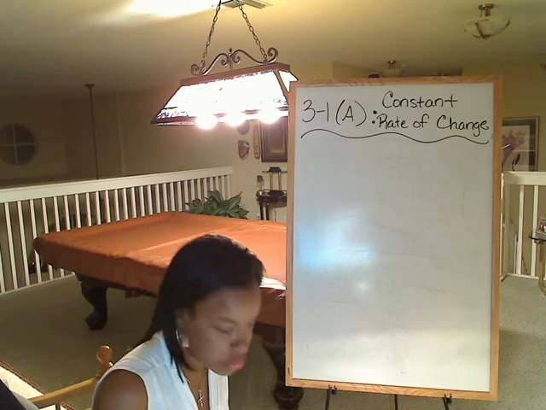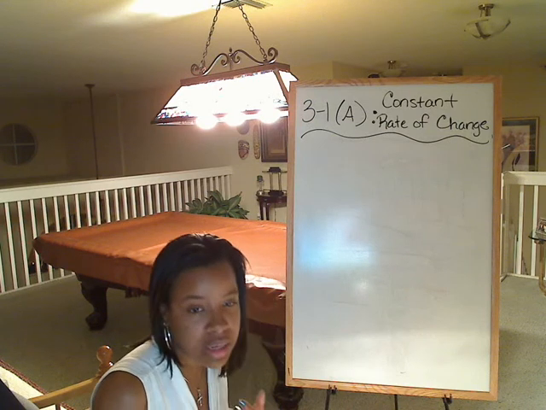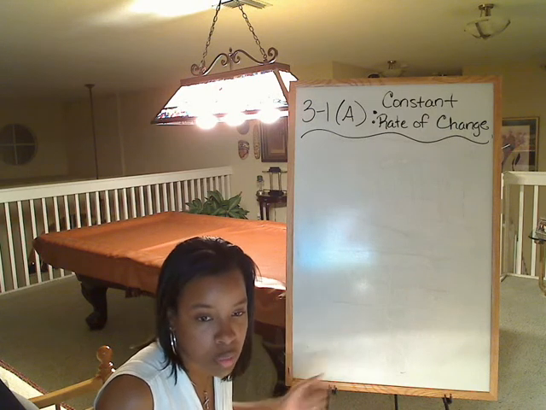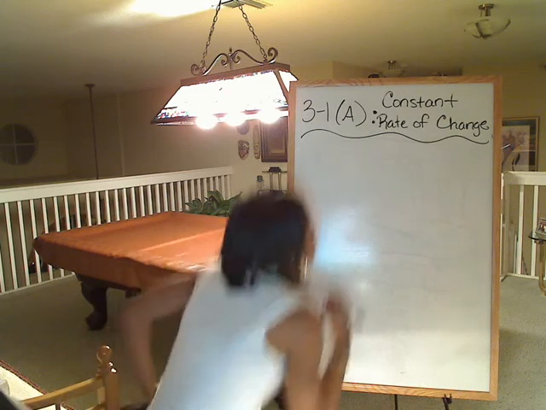The thing that I want you to remember is that rate of change is found by looking at the difference in the y values over the difference in the x values. So I'm going to write that down.